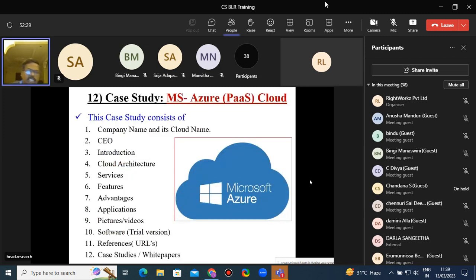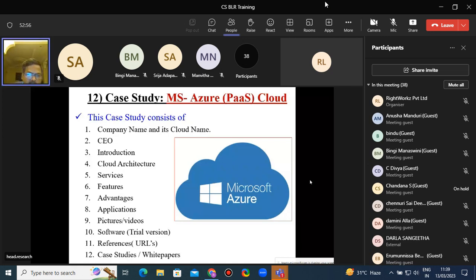Then the 12th case study, MS-Azure Platform as a Service Cloud. So the company name and its cloud name. The company name is Microsoft Azure. The cloud name is Microsoft Azure. The CEO, Chief Executive Officer of the platform as a service cloud MS-Azure is John Arthur.